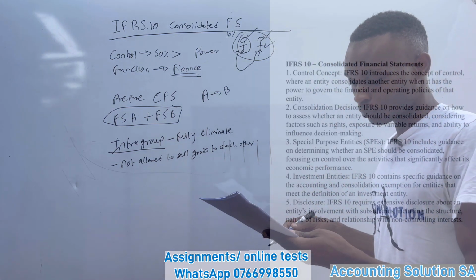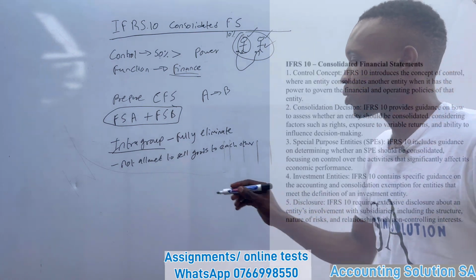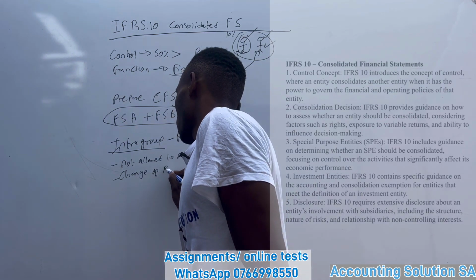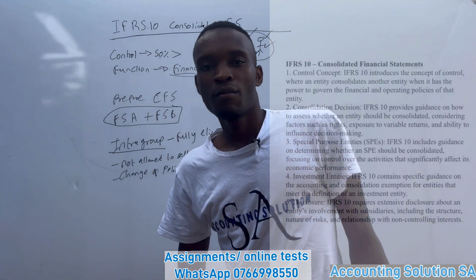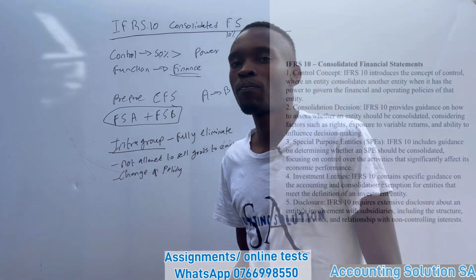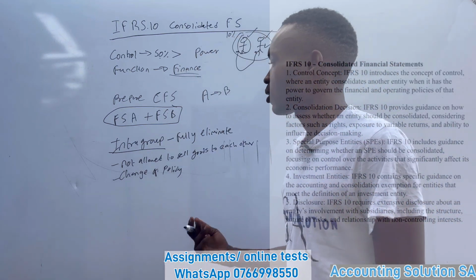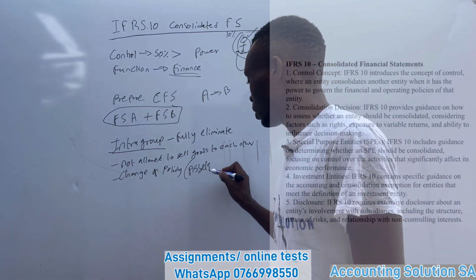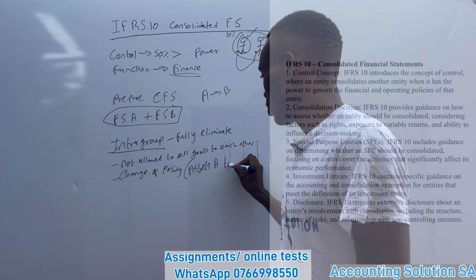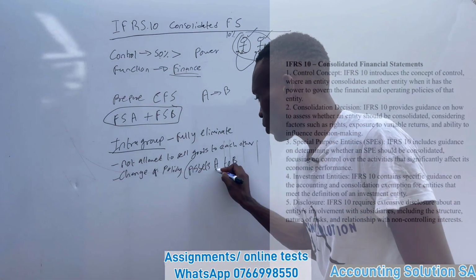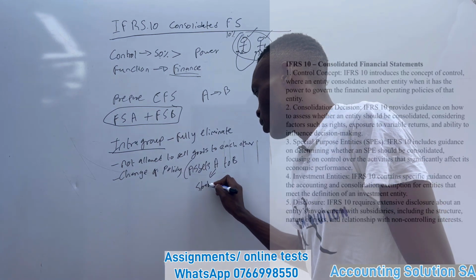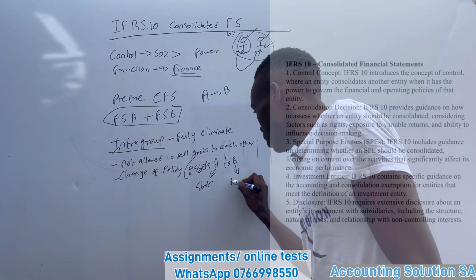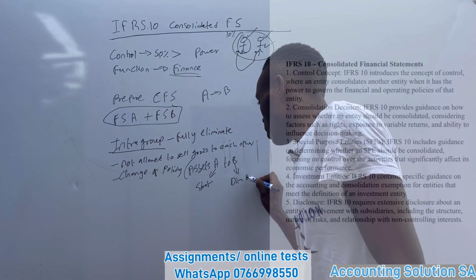Another one, guys, is change of policy. For example, we can talk about a depreciation policy. If an asset is moving from company A to company B, maybe company A was using straight line, and now when it moves to company B, it uses the diminishing balance method.